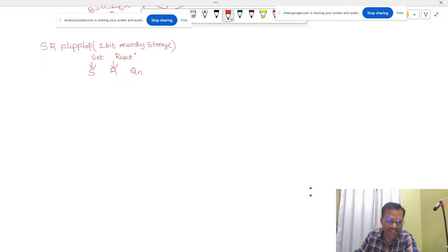Reset generally means 0 and set generally means 1. Qn we are going to call the present state. These terms you have to remember. Next you are going to get the output, which is the next state, Qn+1. So try to draw a line.